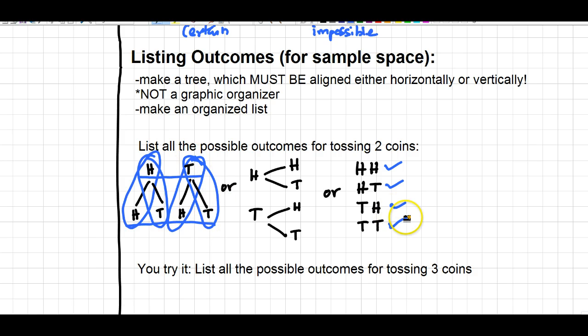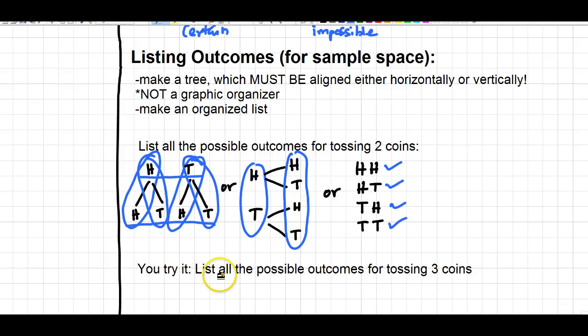So you could also just make a straight up list if you wanted to, but I know for some kids the tree is helpful because it sets it up visually. Know that you could also set up your tree vertically, and so I'd accept either option there. Again though, we've got things that are lined up vertically. And I'll show students later an example of a tree that's not lined up correctly that would lose points.